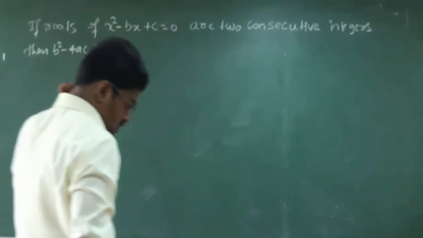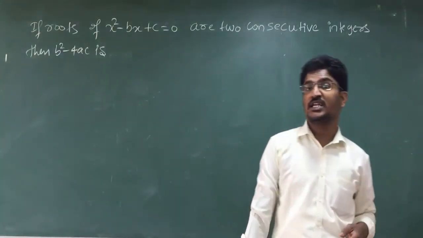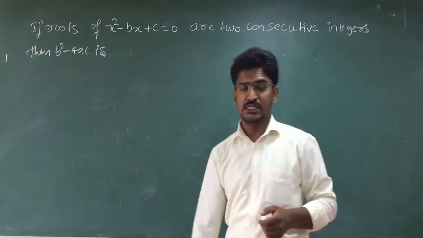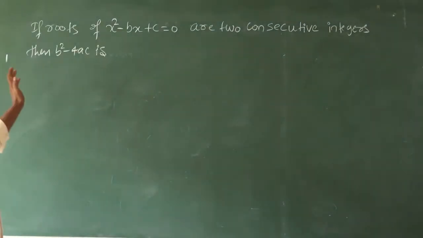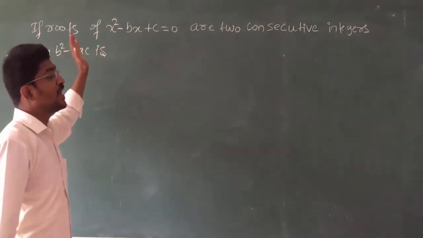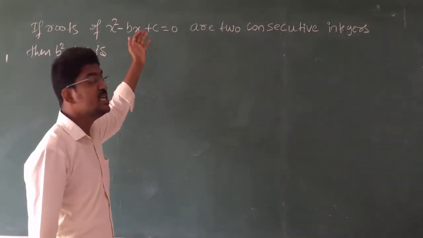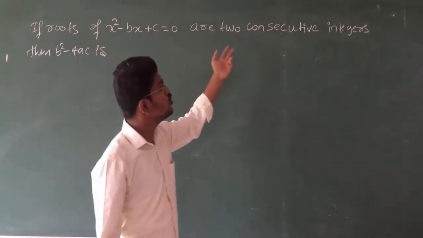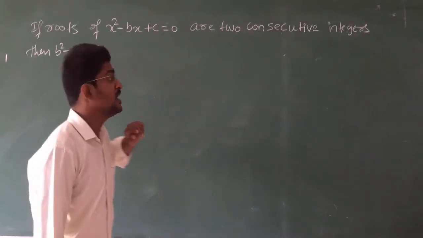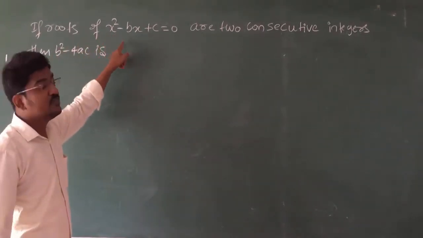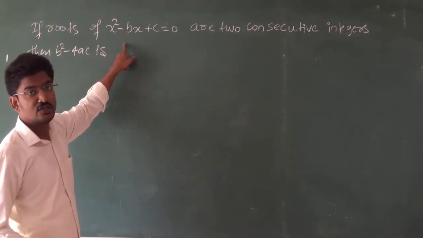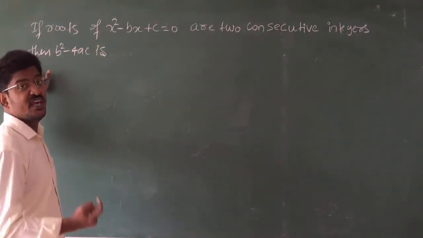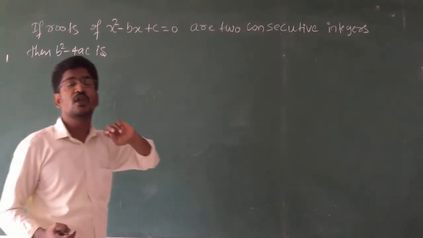Okay, students. So now let us go for the next question, from your quadratic equations. It is also an integer type question. If the roots of x square minus bx plus c equal to 0 are two consecutive integers, that means the roots of this equation are two consecutive integers, then what they are asking is b square minus 4ac.